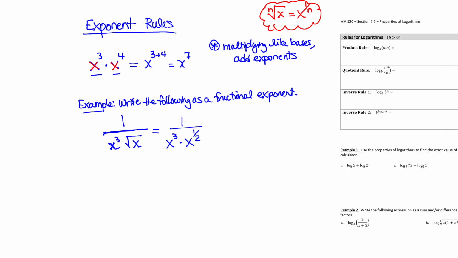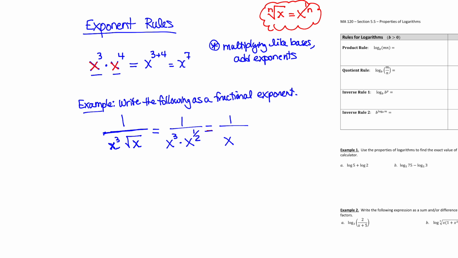Now, once I have x cubed times x to the 1/2, do you guys see now that I have two bases? Are you with me? So what do I do to put those exponents together? I have to add them. Abel, can you add for me 3 and 1/2 and tell me what exponent I get? Like, get me a fractional exponent out of that.